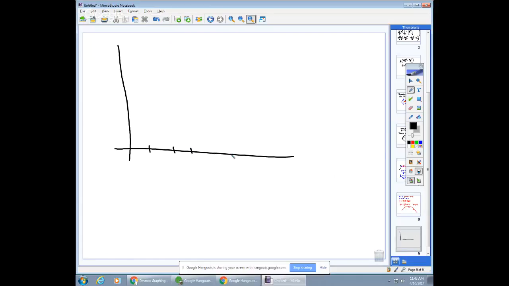Ooh, that's horrible. 1, 2, 3, 4, 5. 1, 2, 3, 4, 5. Here's x and here's y. And suppose I have the point (1, 2), and I have the point (5, 4).